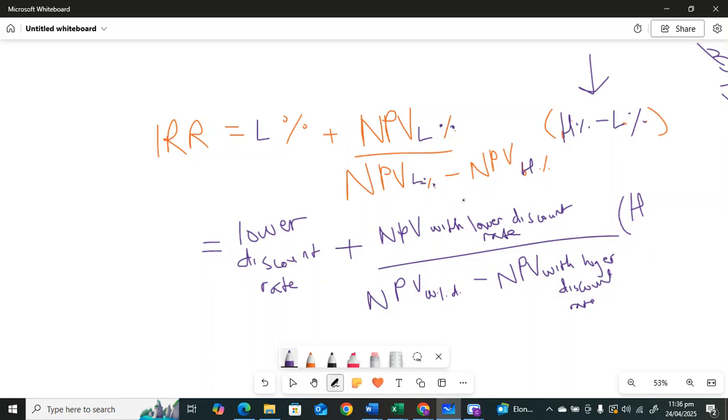So this is the formula for the internal rate of return. With the internal rate of return, you're going to have two net present values. One should be positive and one should be negative. So you saw in our earlier tabulations, we found a positive net present value and a negative net present value, right?